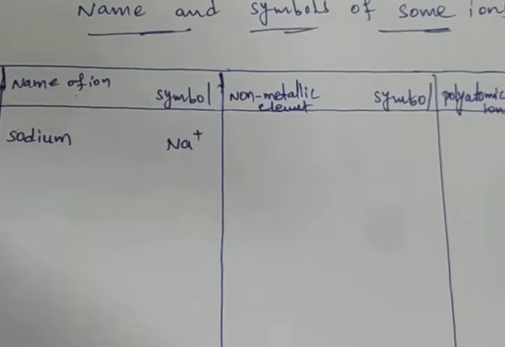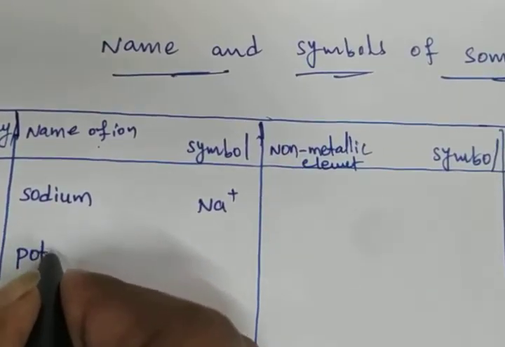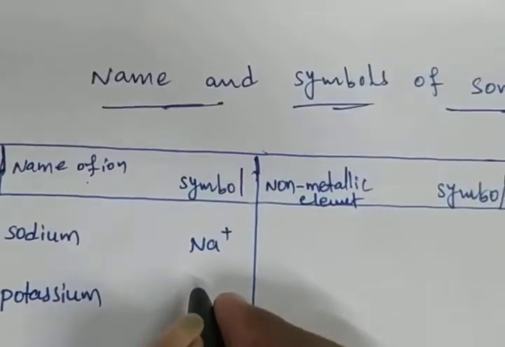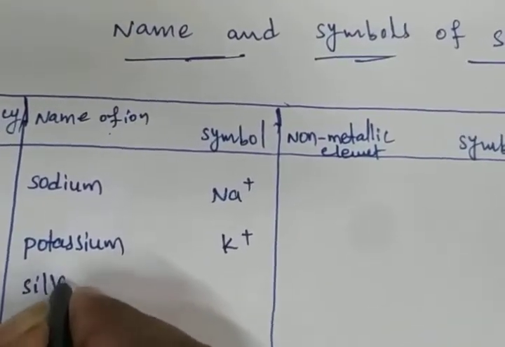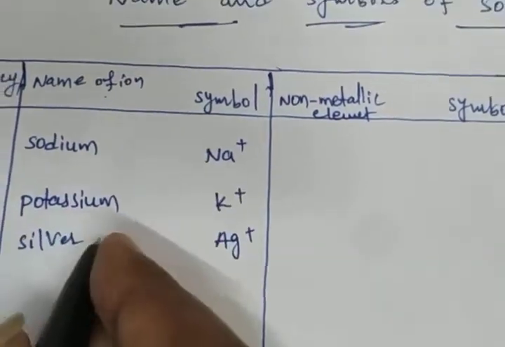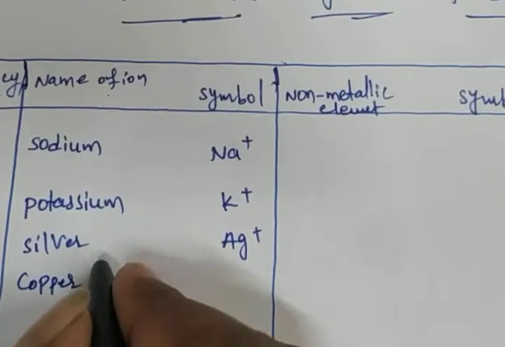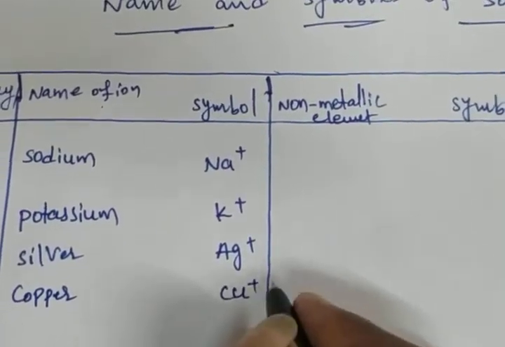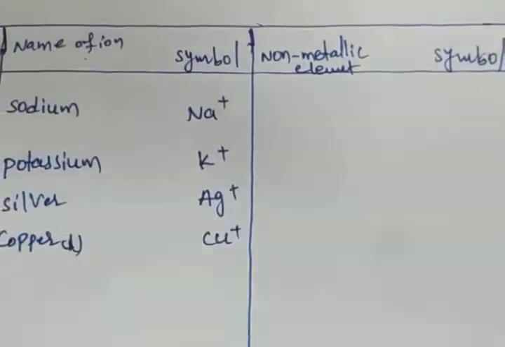Potassium is K plus. Silver is Ag plus. Copper is Cu plus.